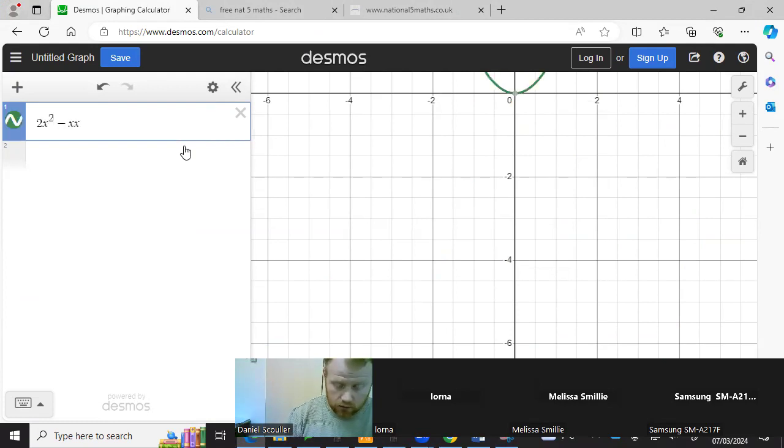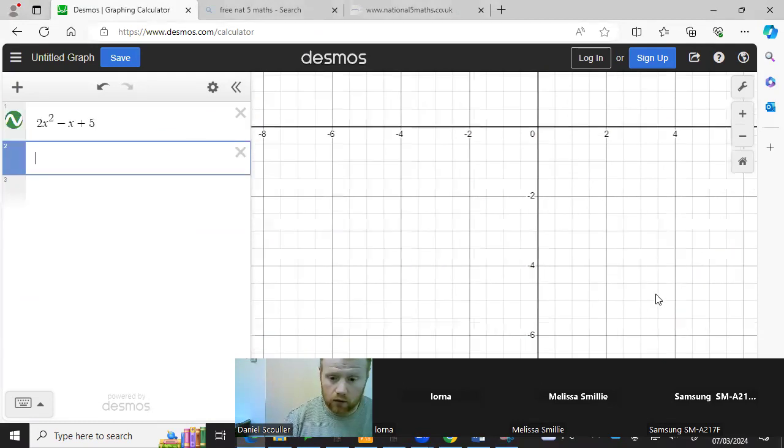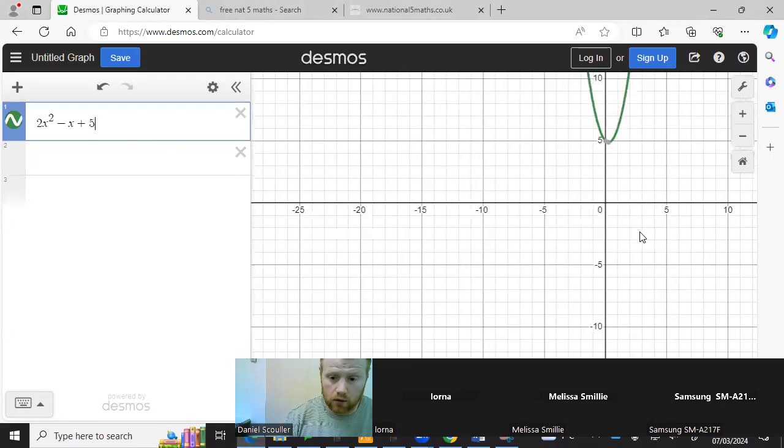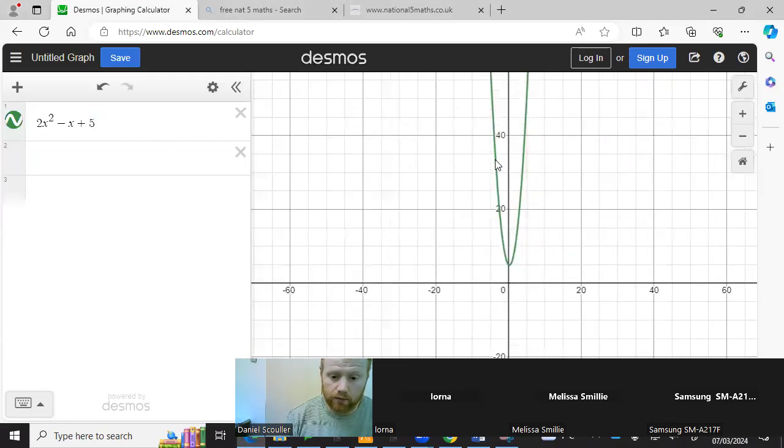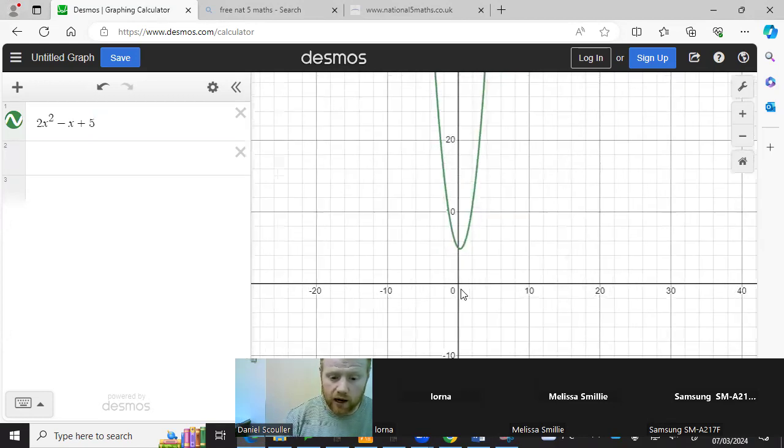Minus x plus 5. Okay, so you can see that parabola. You can see the minimum turning point. You can see the x-axis down there. The parabola doesn't go through the x-axis. It's only when it goes through the x-axis that it's got roots. The roots are where it crosses the x-axis.